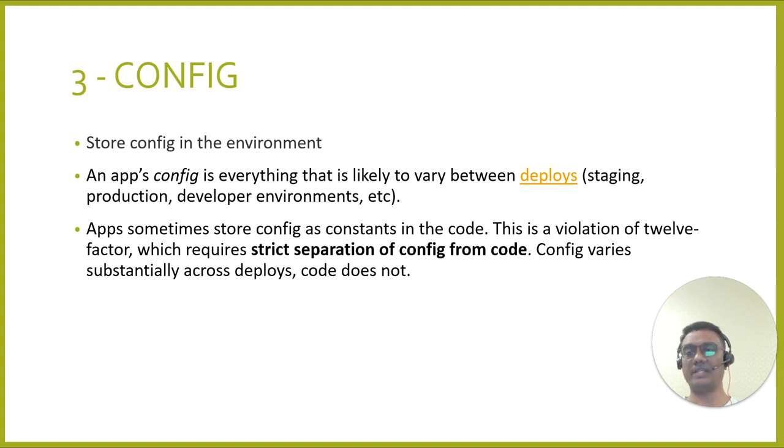The third one is config. What it defines is that config should not be defined within the code. In most traditional cases, there could be global constants which maintain the config. That is not the case in modern application development, where we should separate the config from the code base.